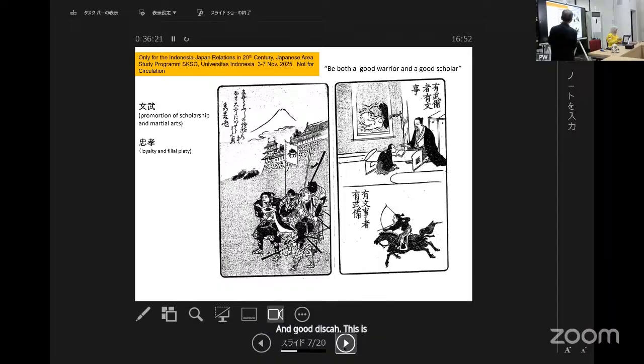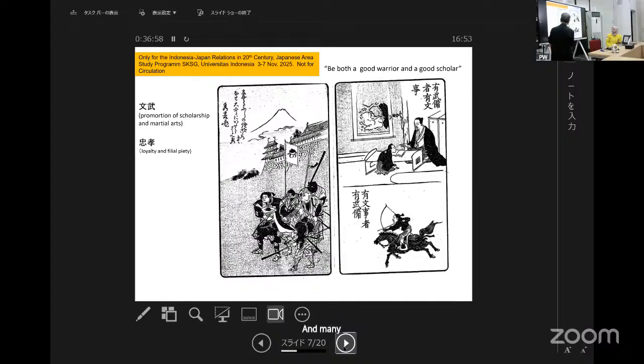This is indicating the traditional virtue and moral in pre-modern Japanese societies. But for the common people, it's so popular and understandable.